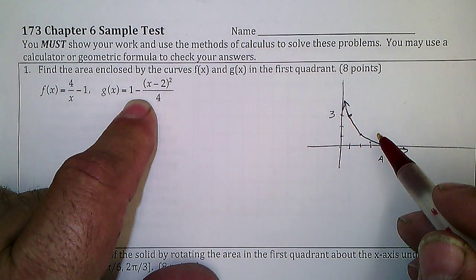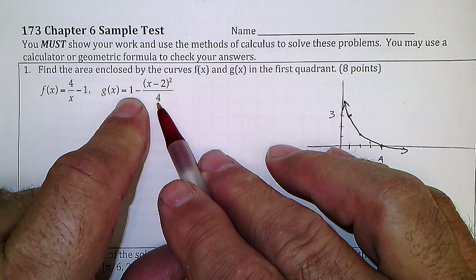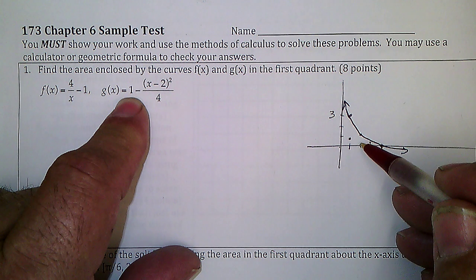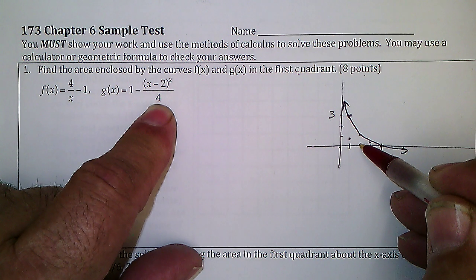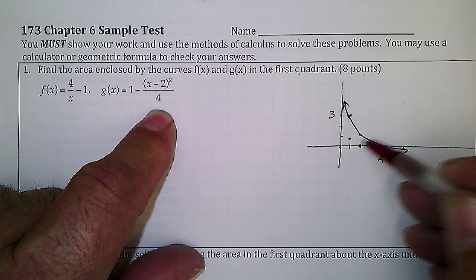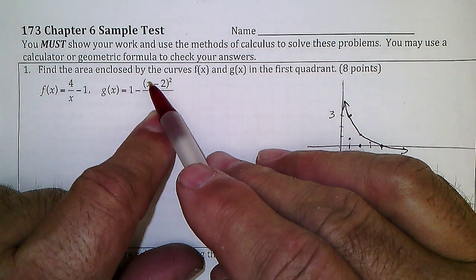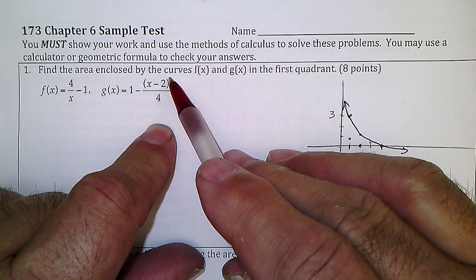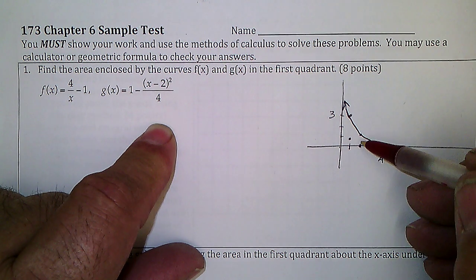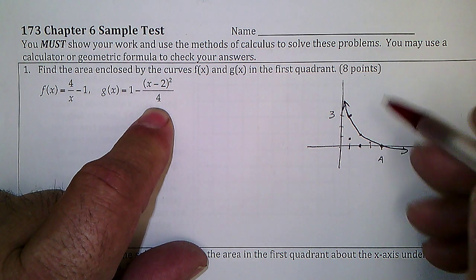Okay, put in 1. That'd be 1/4. 1 minus 1/4 is 3/4. Put in 2. 0 over 4, 1 minus 0 is 0. Oop, wait a minute. Put in 1. 1 minus 2 is negative 1. Squared is 1. 1 minus 1/4 is 3/4. Put in 2. 1 minus 0 is 1.